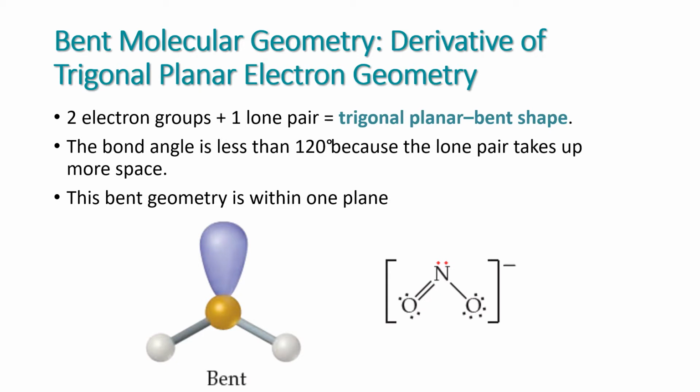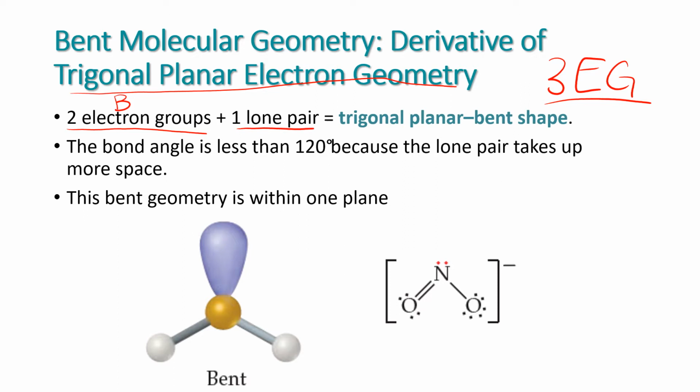First, we have our derivative of the trigonal planar electron geometry. In this case, our molecular geometry has 3 electron groups, right? But in these 3 electron groups, you have 2 bonding groups, and then we have 1 lone pair.